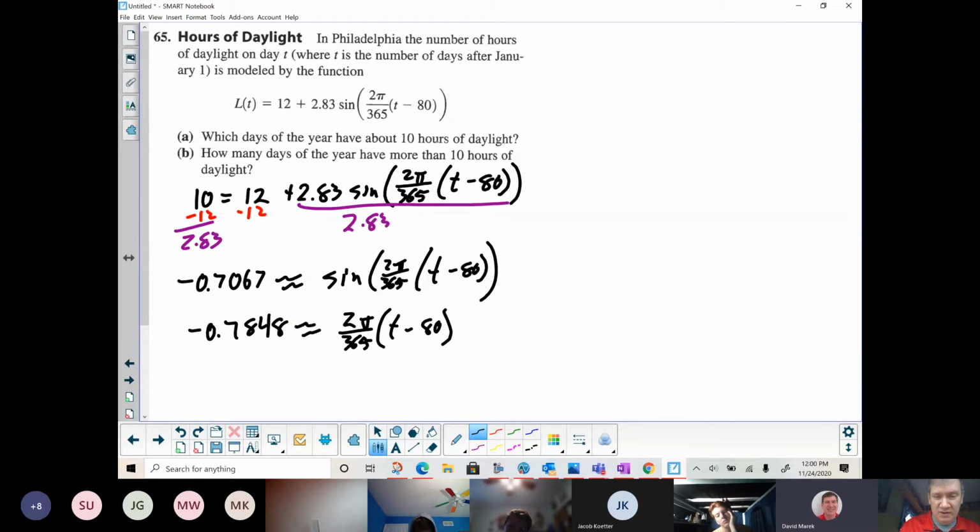So we need to get rid of the lovely coefficient there. We can multiply both sides by the reciprocal, 365 divided by 2 pi. And again, that's still going to be negative.